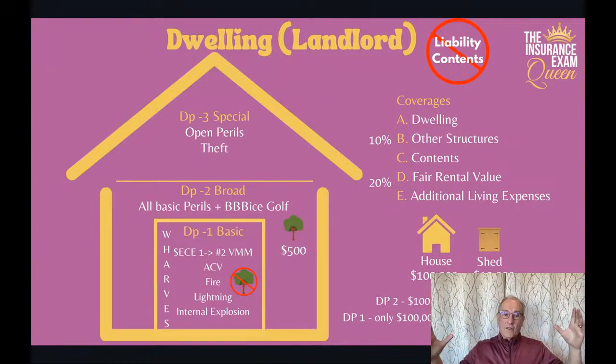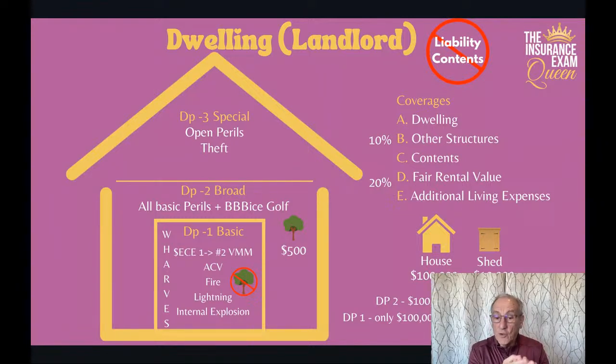Now, what do I get in the 3? Everything that's in the 2, except now we're going to cover all perils and theft. You get that with a DP3. Over on the right-hand side is our coverages, A, B, C, D, and E, all explained to us. A is dwelling, B is other structures for 10%, contents, only the landlord's though.